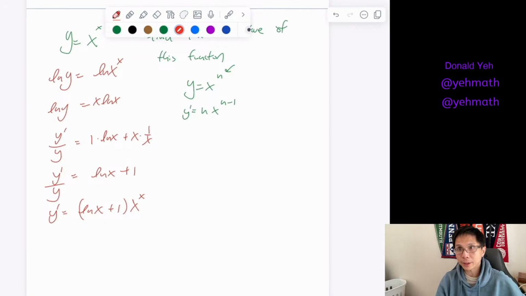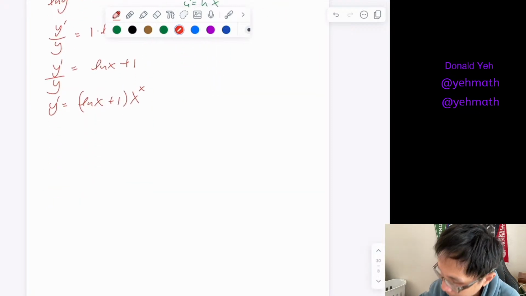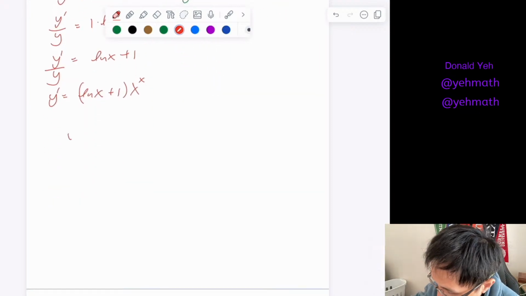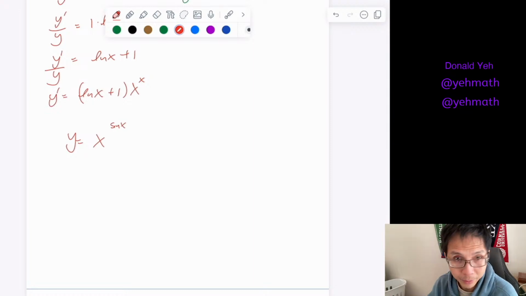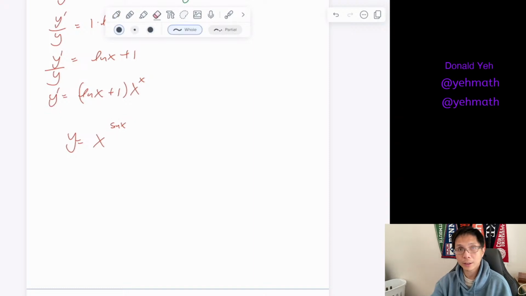This will be something that you need to know for the test. For example, I can have y equal to x to the sine of x. They operate exactly the same way. Likely this is something very similar to the test. So the idea is, knowing the exponent is not a number, you have to use natural log differentiation.